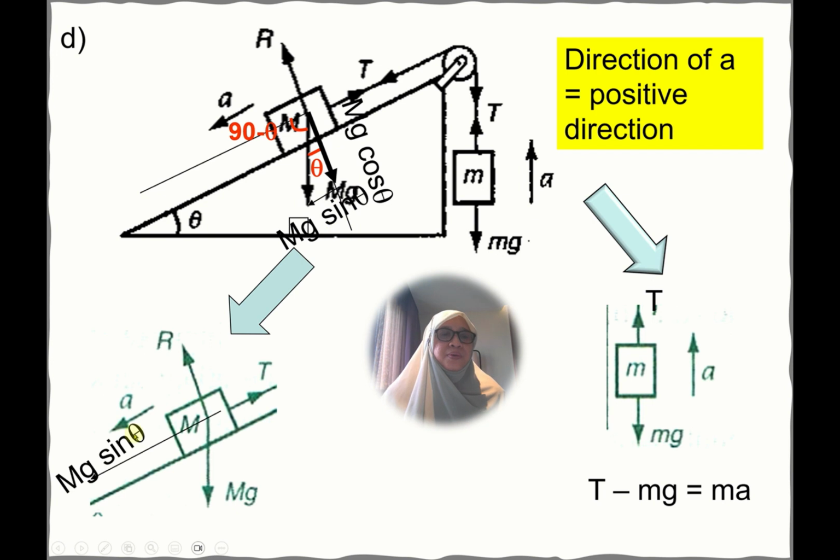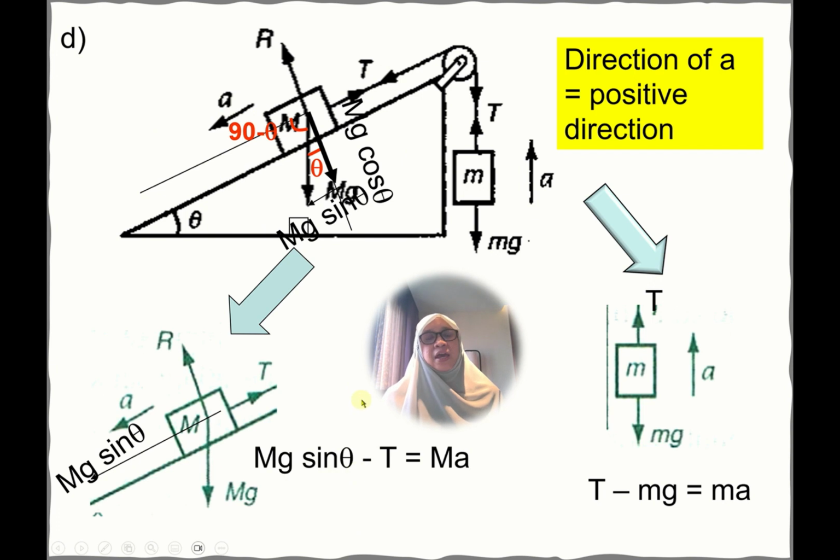Okay, so now we use the component along the inclined plane, same direction as A, parallel to A. So how do we write F equals to ma? F is the resultant force.